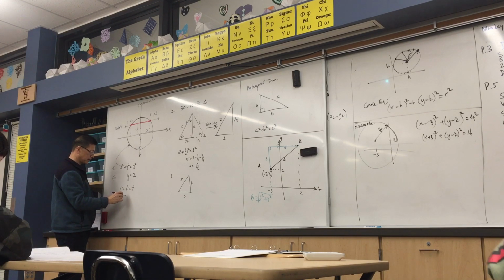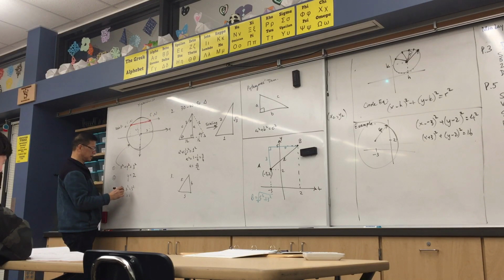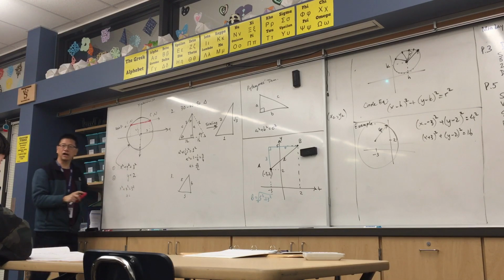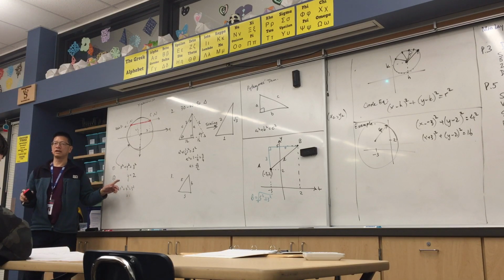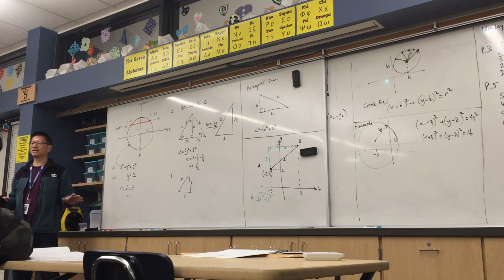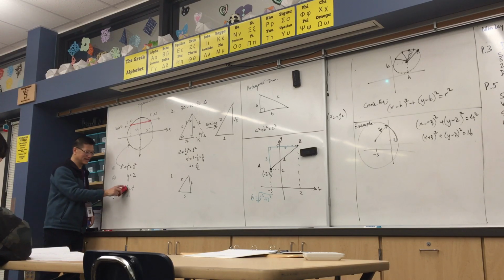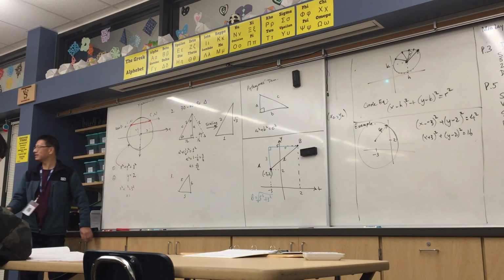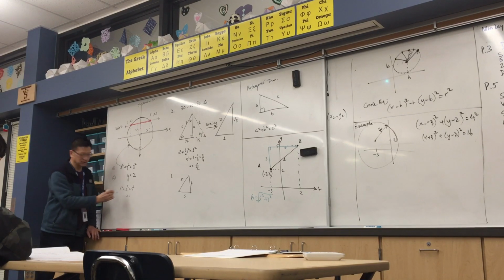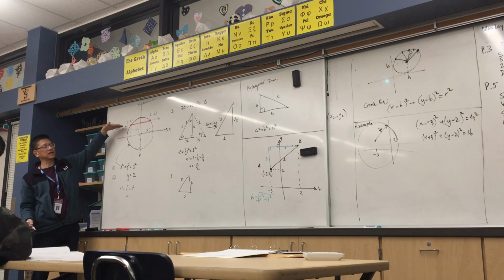So y, sorry. Another careless error, I am not immune to them. But after grading 80 of the same paper, I know what the careless errors are. Y equals 2, that's this line here.